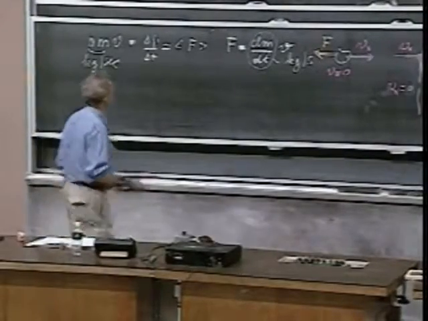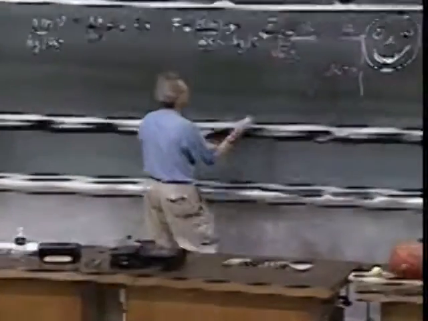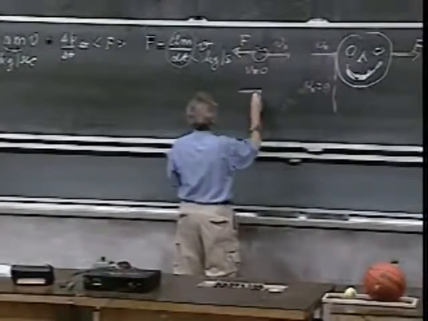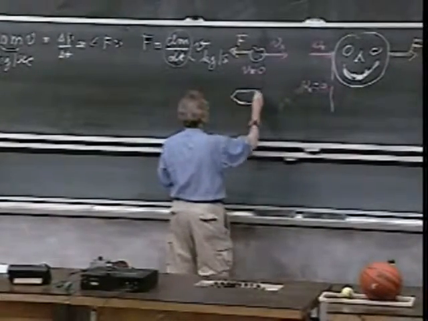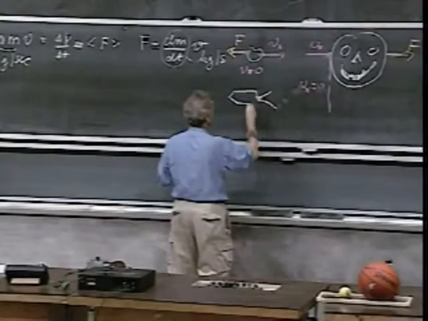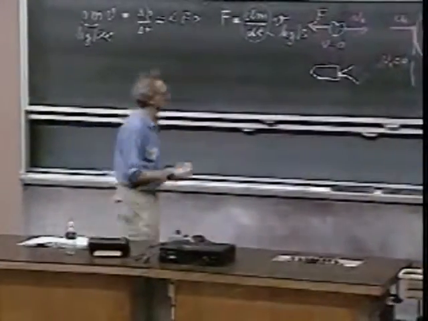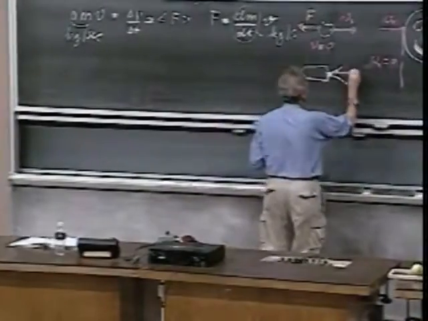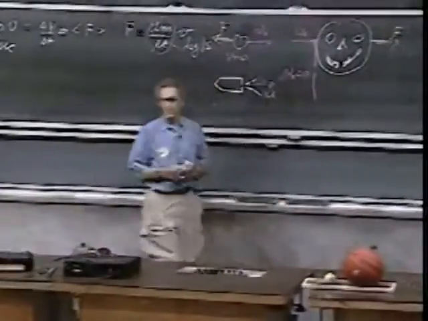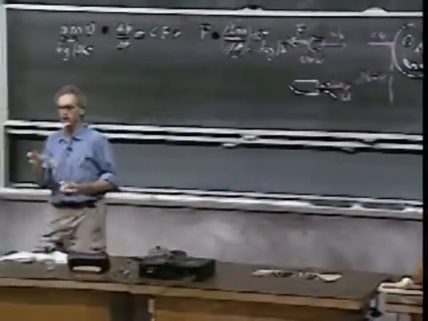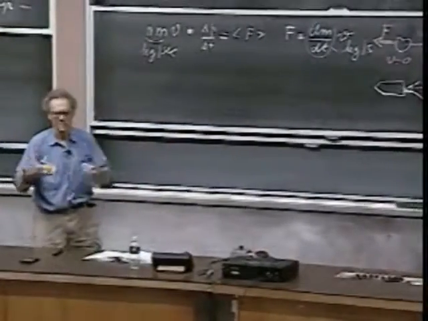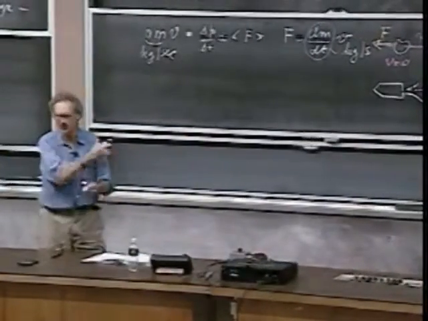So if we have a rocket in space, here's the rocket. And the rocket is spewing out gas with a velocity u, which is fixed relative to the rocket. It's a burning of chemical energy.